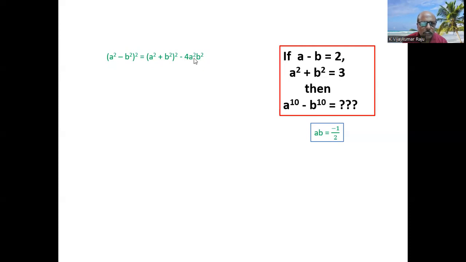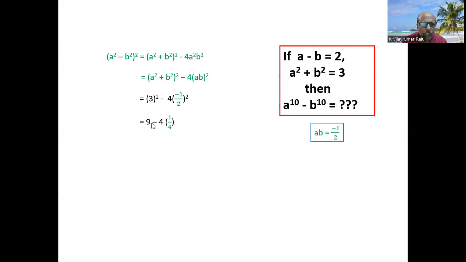You can write this as ab whole square. Let's put the value of ab which we have calculated, and a square plus b square, you know, is 3.